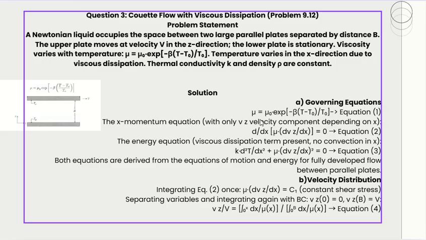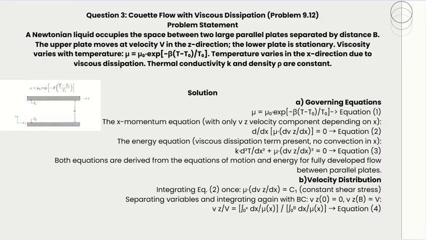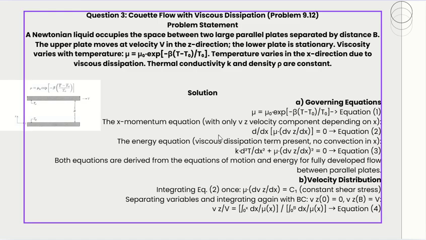The z component of velocity is not 0 and depends only on x, and also there is no pressure gradient, so the equation of motion then reduces to d/dx of mu into dvz by dx equal to 0, which means that the inner term, that is mu into dvz upon dx, is constant. That is, shear stress is uniform throughout.